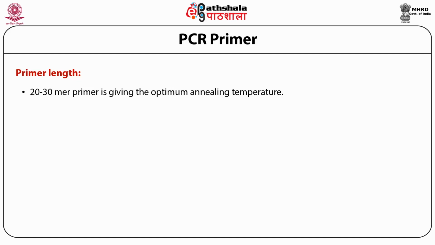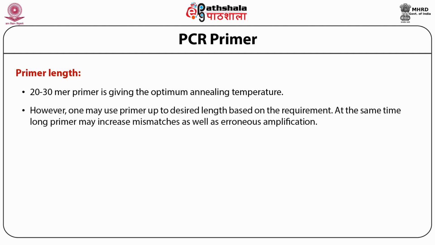Mers means nucleotides, which has an optimum annealing temperature, and it is also necessary that the annealing temperature should not exceed 65 degrees centigrade. However, one can use the desired length of primer, but at the same time one should also look at the efficacy of that primer in terms of annealing temperature, and second, it should not cross the elongation temperature.